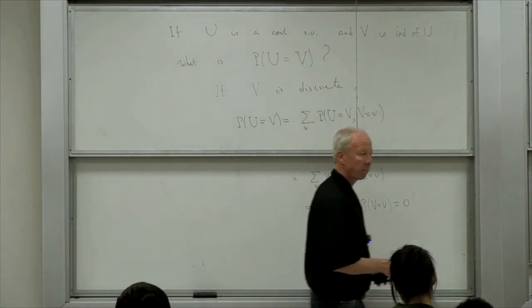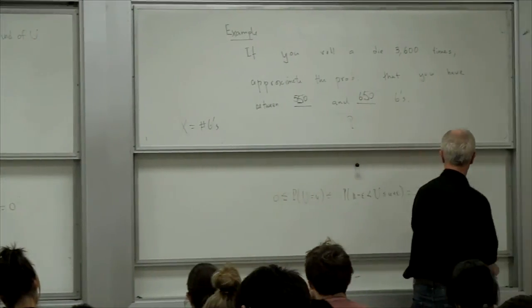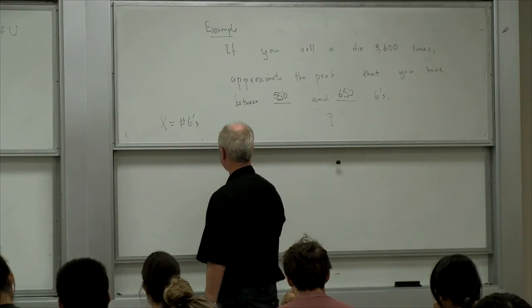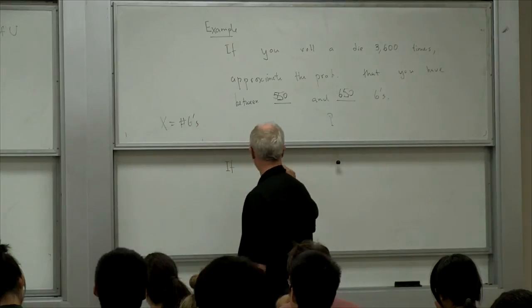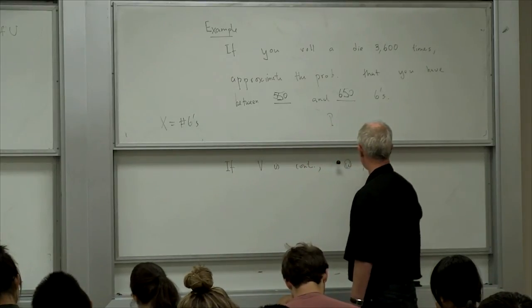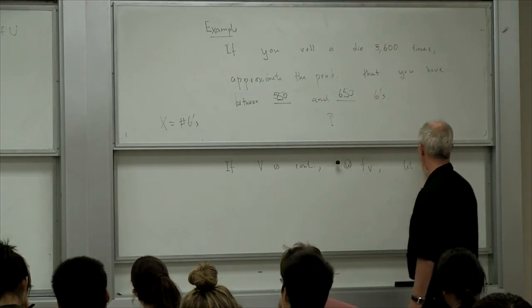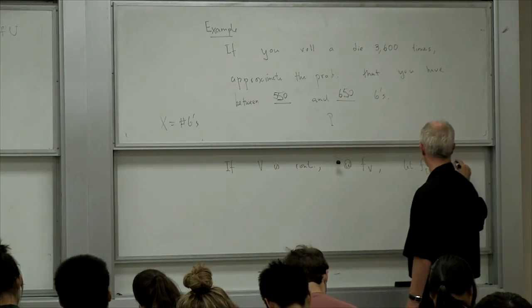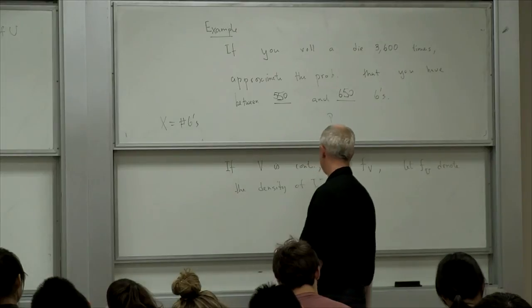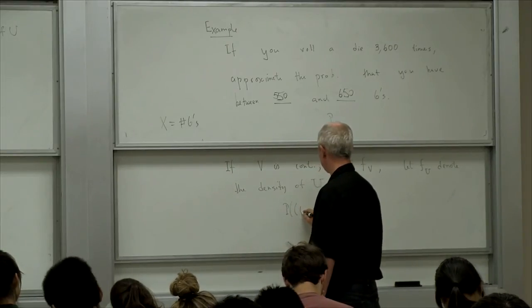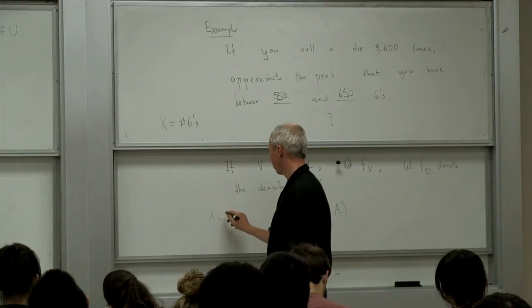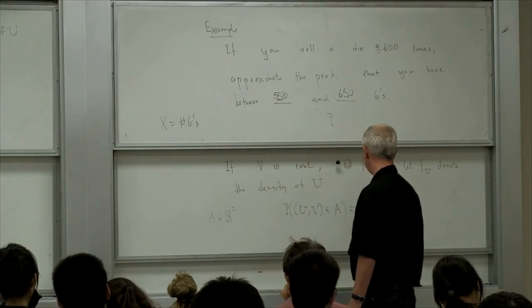Now let's suppose V is continuous, with density f sub V, and let f sub U denote the density of U. Then the probability that U and V fall in some set A, where A is a subset of R2, is the integral over A of their joint density.